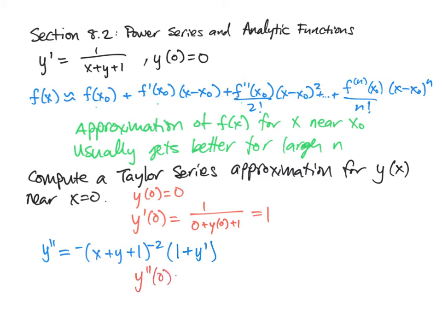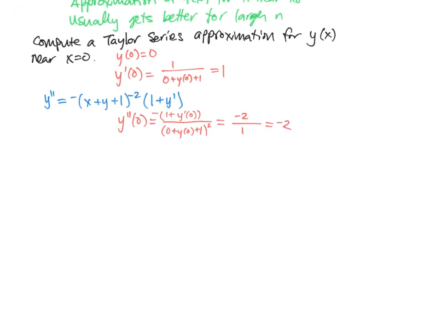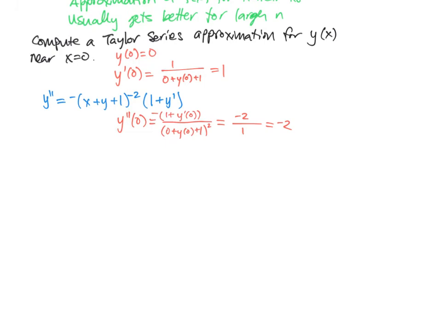So y double prime at 0 is going to be equal to negative quantity 1 plus y prime at 0, over 0 plus y of 0 plus 1 squared, which equals negative 2 over 1, or negative 2. Now let's just do this one more time because it's fun, I guess.